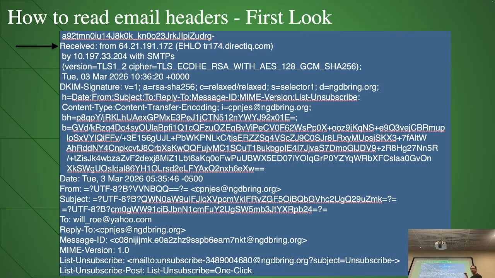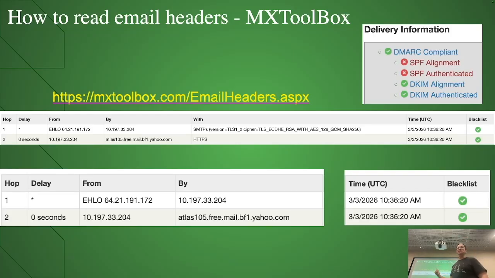So it's the one that's furthest to the bottom that we want to look at to see, hey, who did this actually come from? See the DKIM signature in there, all sorts of stuff. Probably actually come back to this slide a couple of times.